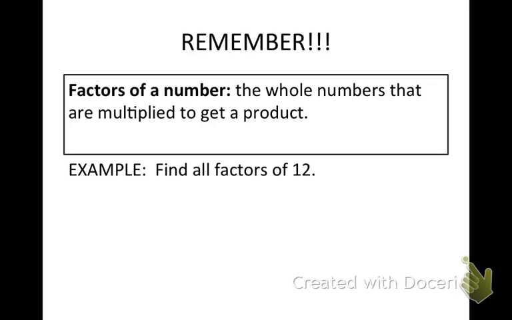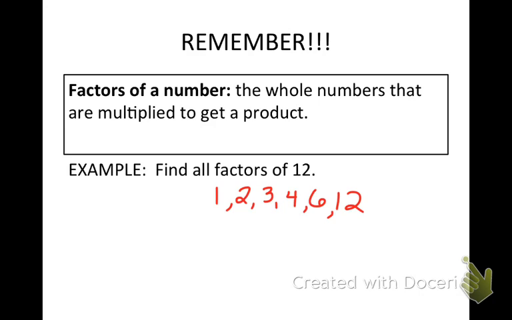So if I wanted to find all the factors of 12, what would they be? 1 times 12 are factors. 2 and 6, and then 3 and 4. So that would be my list of all the factors of 12: 1, 2, 3, 4, 6, 12. So far, so good.